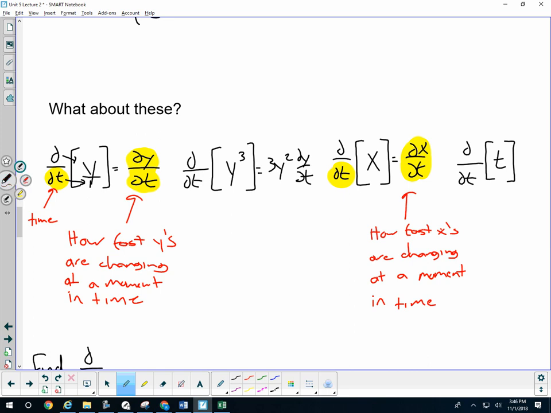It is now with the derivative of t, where d dt gives us dt over dt. That's 1.